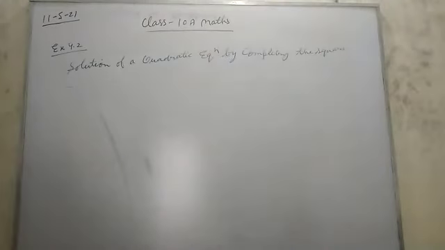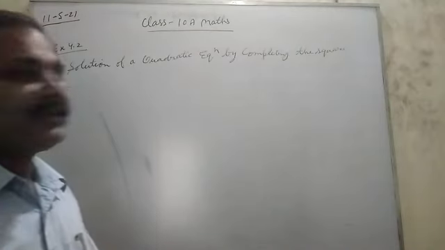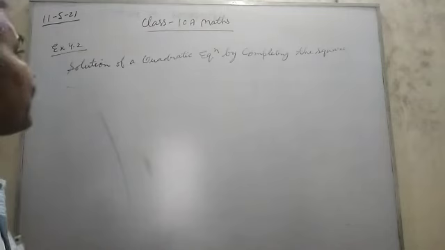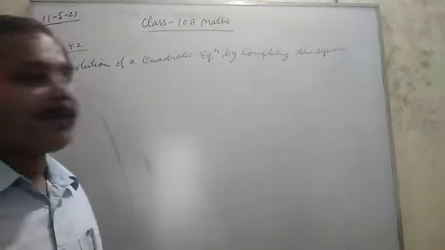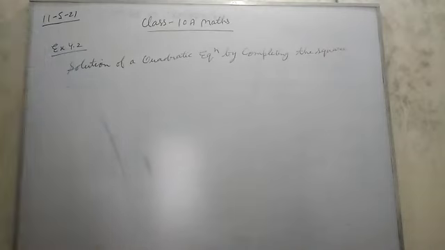Okay. First method, that was solution of quadratic equation by factorization method, and this is the second method, solution of quadratic equation by completing the square. Okay. So this I will discuss.